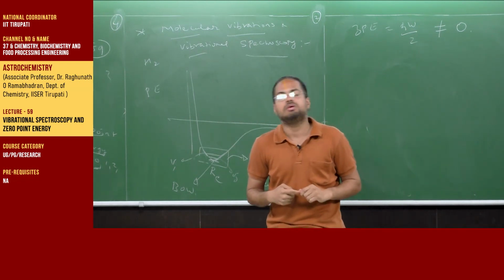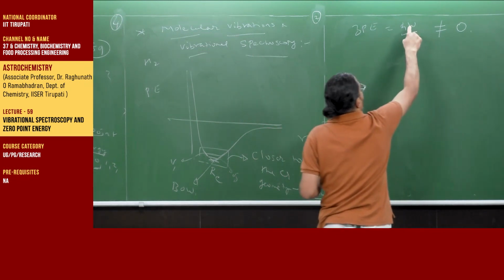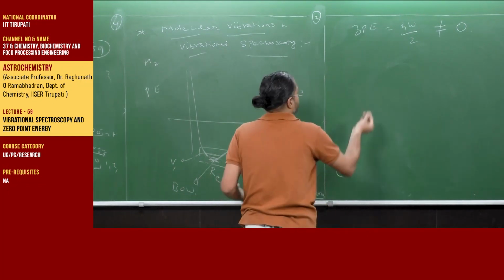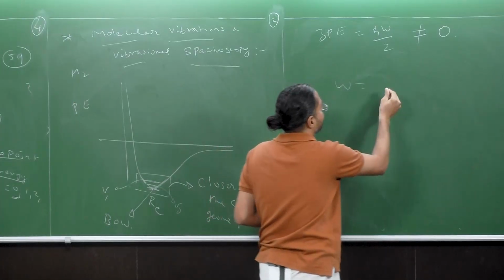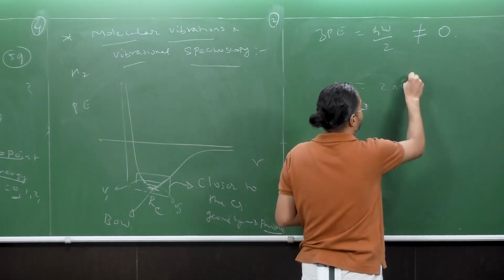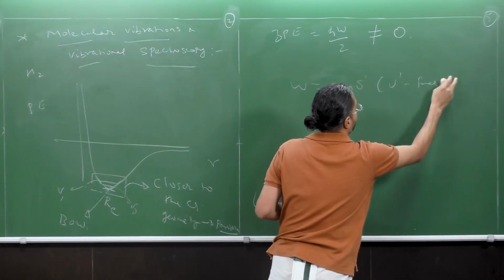Now ZPE is extremely profound, obviously, because of the omega here. And what is the formula for omega? We all know that your angular frequency is 2 pi nu, where nu is the frequency.